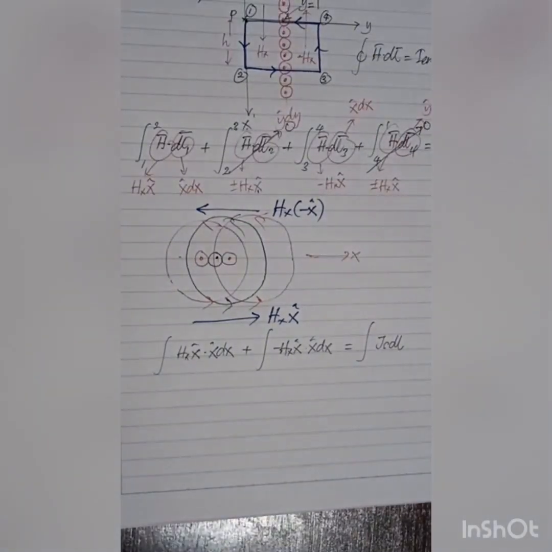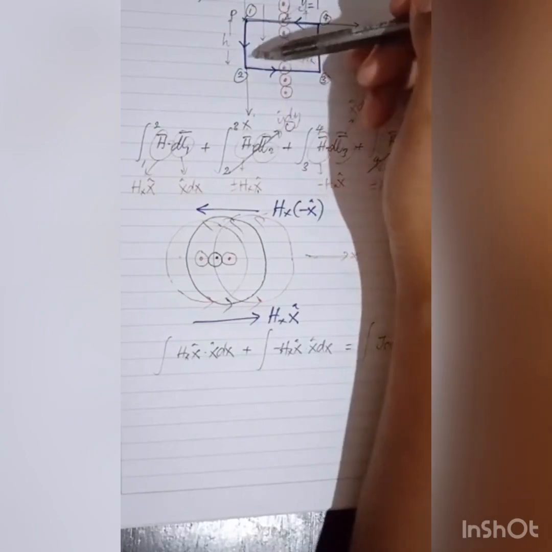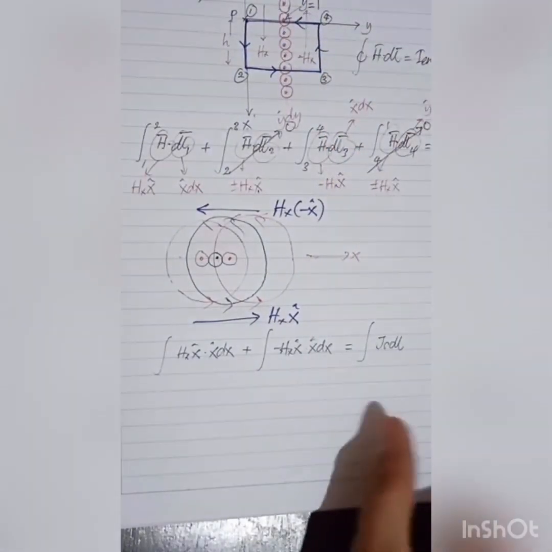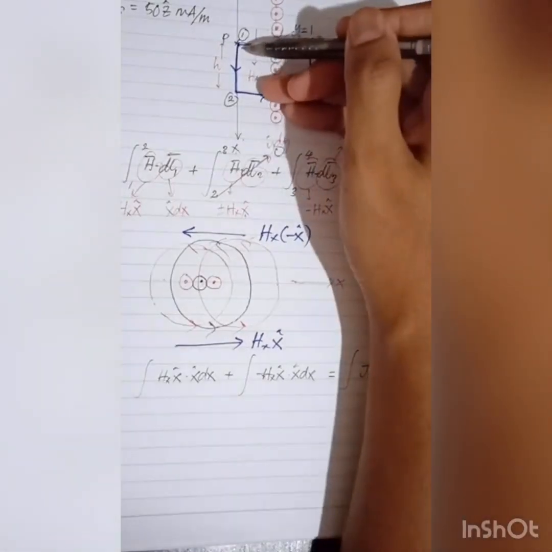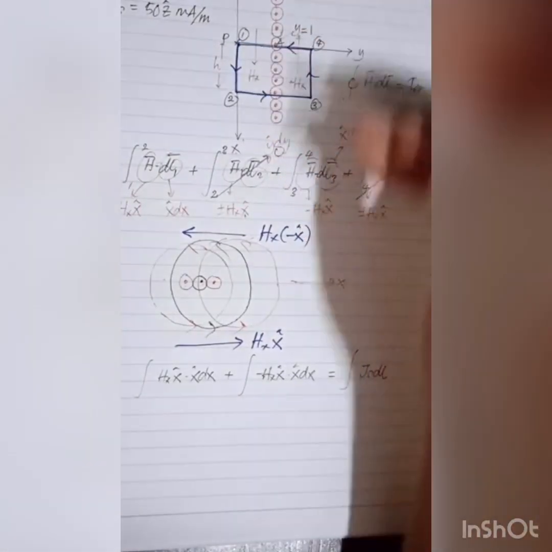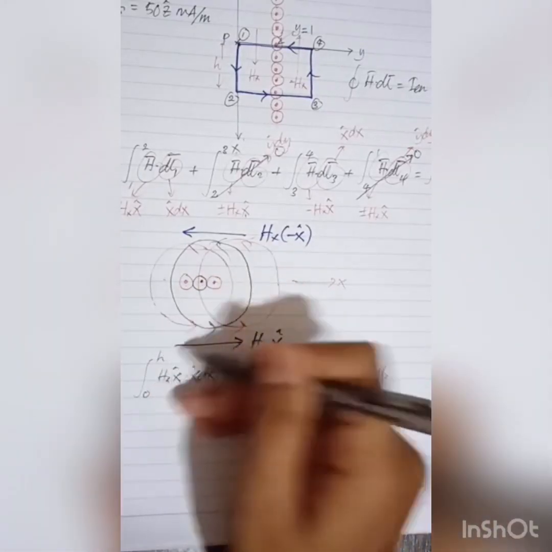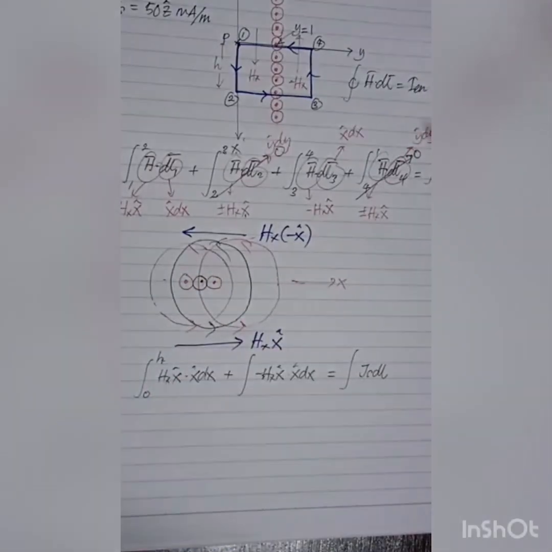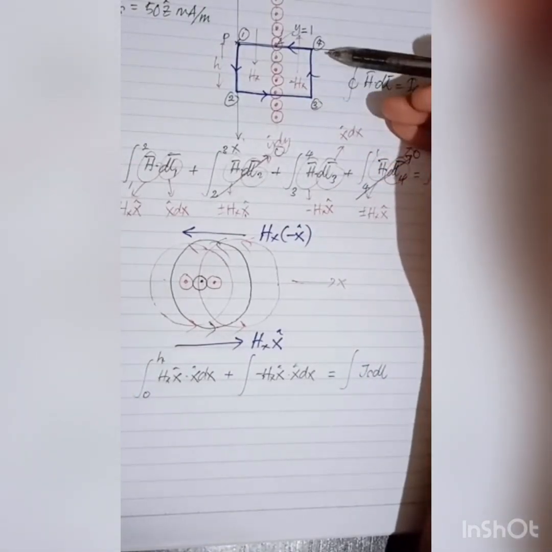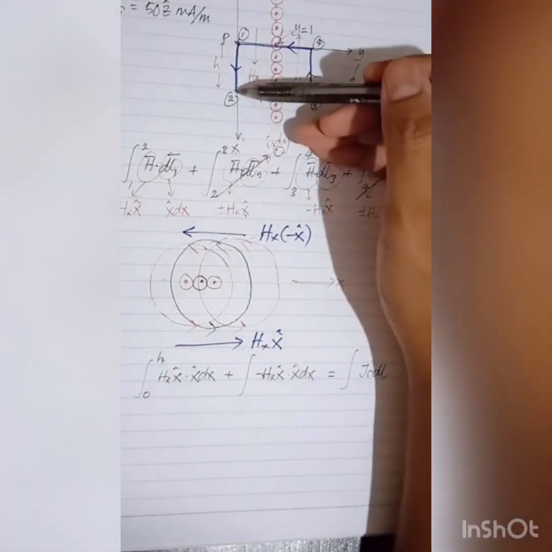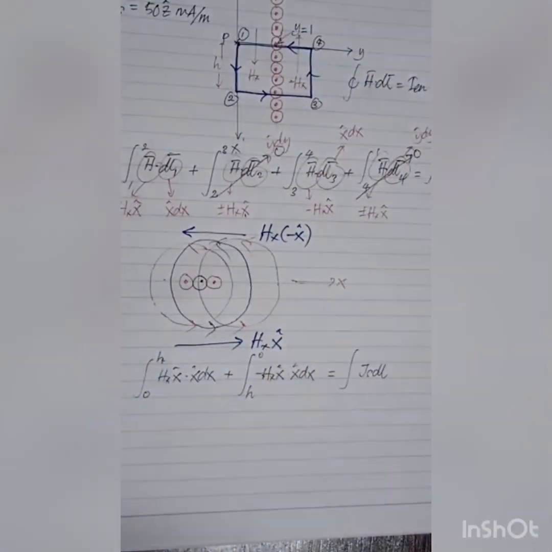So we know that from this integration path, for the first path from 1 to 2, the limit changes from 0 to h. So you can simply put here 0 to h. And then for the third path over there, from 3 to 4, we can see that the limit changes from h to 0. So you can simply put here h to 0.